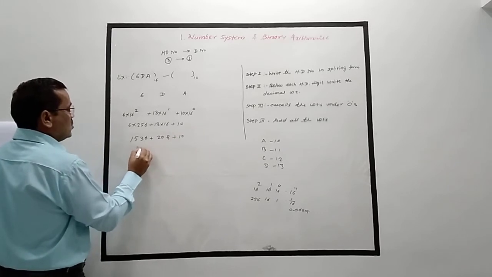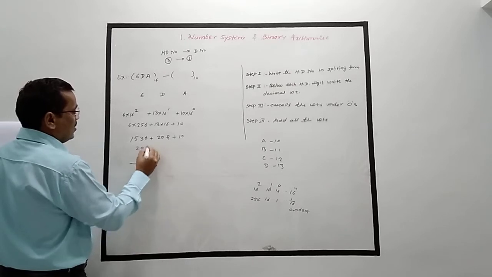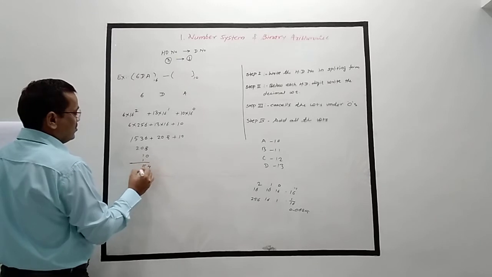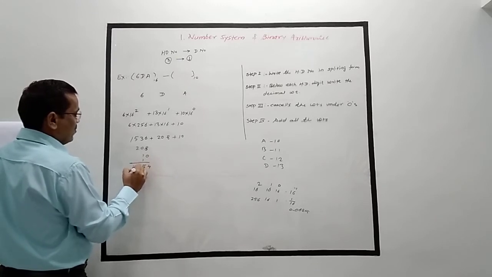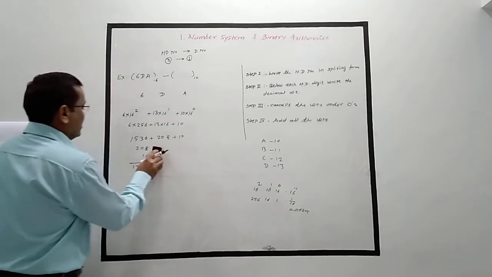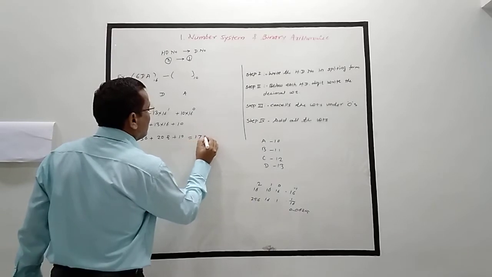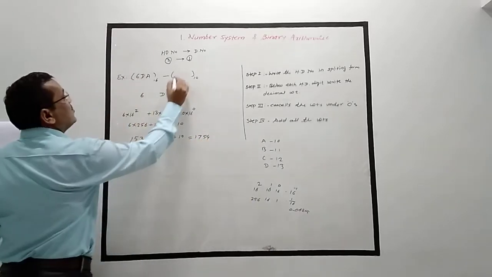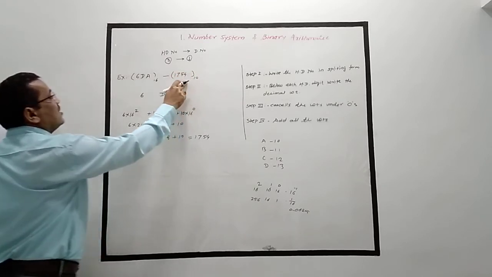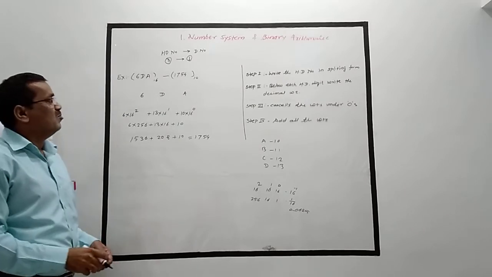So 208 and 10. 14, 5, 7, 1. 1, 7, 5, 4. In this way, we can write 1, 7, 5, 4. It is the decimal equivalent of the 6DA hexadecimal number.